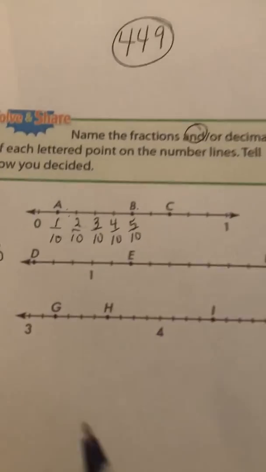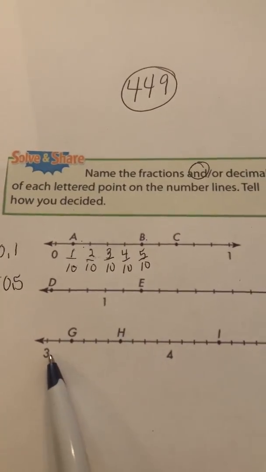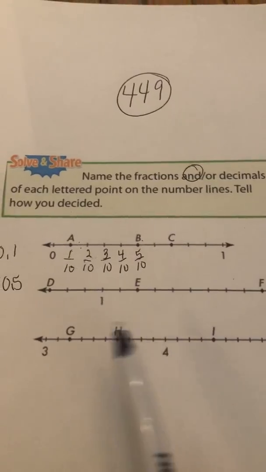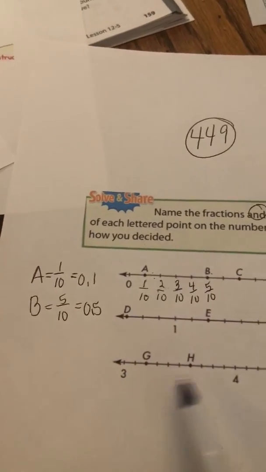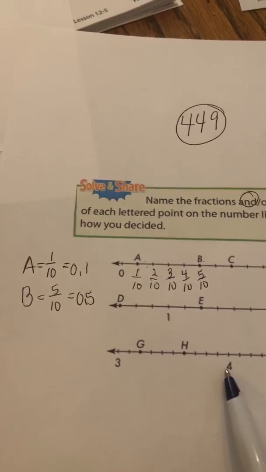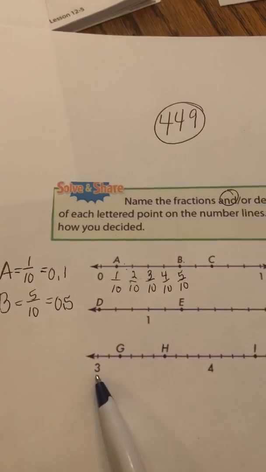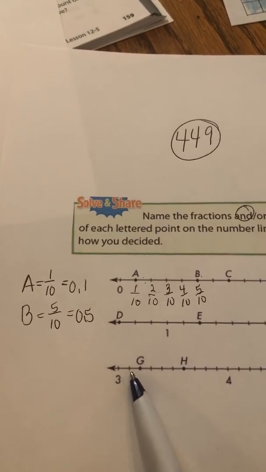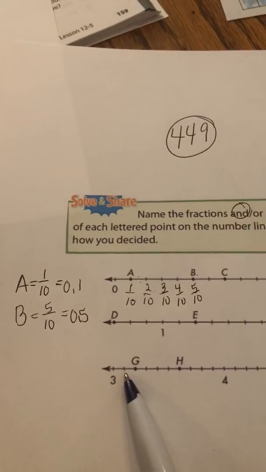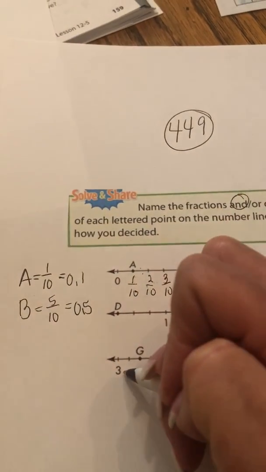Now let's take a look at this one down here, because you can see my whole numbers here are between 3, 4, and 5. But again, there are 10 spaces here, so that's counting by tenths. It's just that this time there's also going to be a whole number. If we go to the place right after 3, that's going to be 3 1/10.